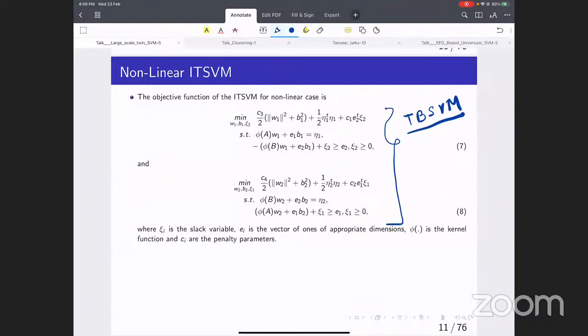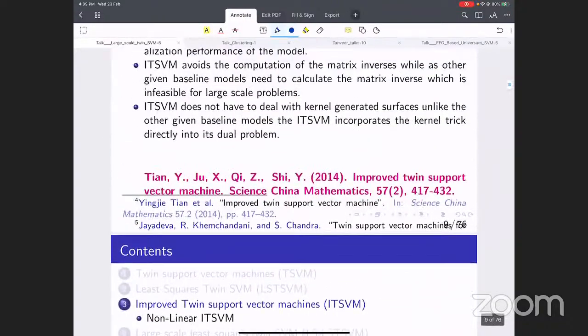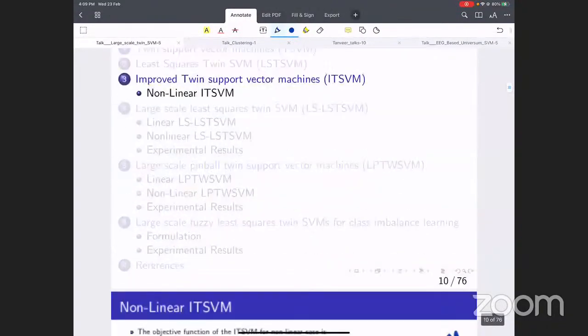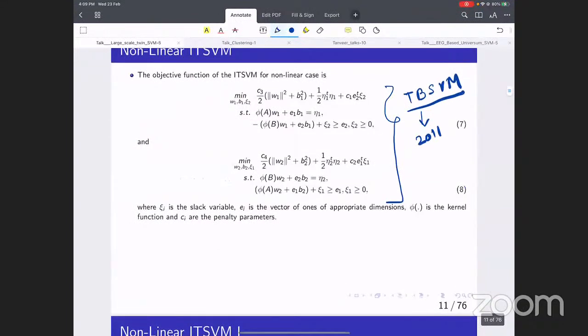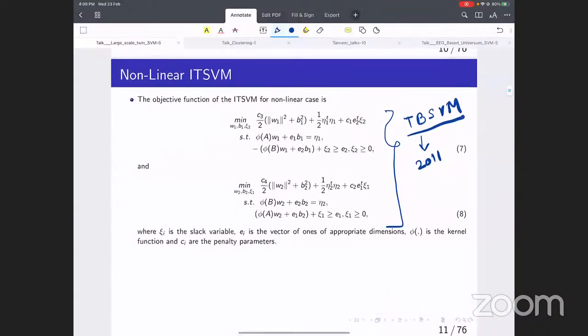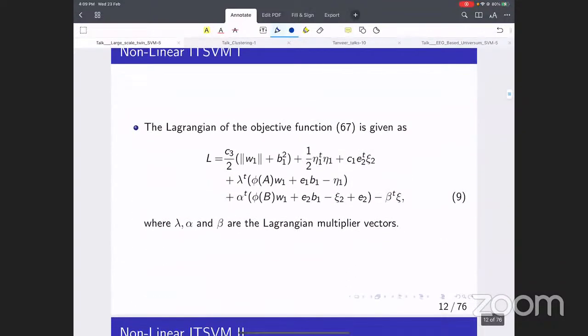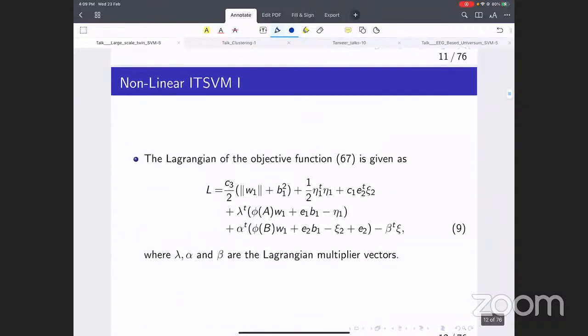I think TBSVM was published in 2011, and this paper came in 2014. The formulation is the same, but the way they are handling it, the way of solving, is really amazing.